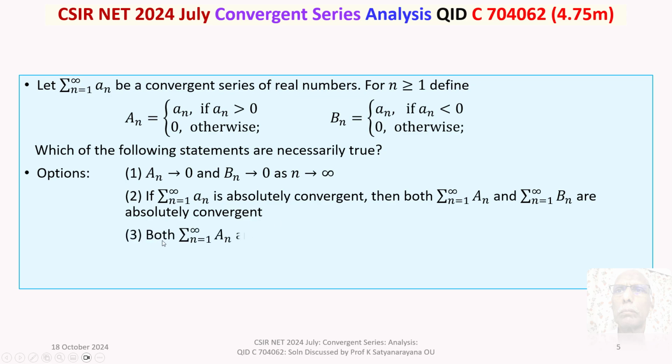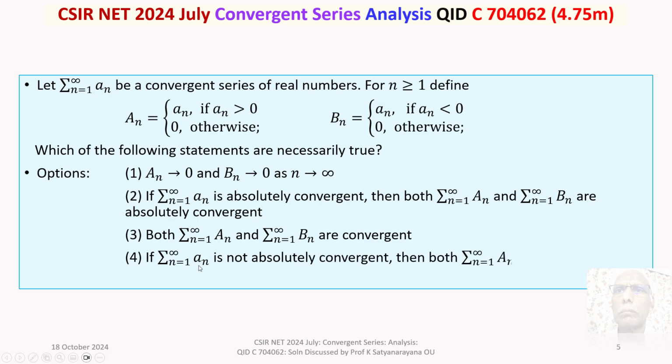Option 3, both sigma capital A n and sigma capital B n are convergent. Option 4, if sigma a n is not absolutely convergent, then both sigma capital A n and sigma capital B n are divergent. Right.